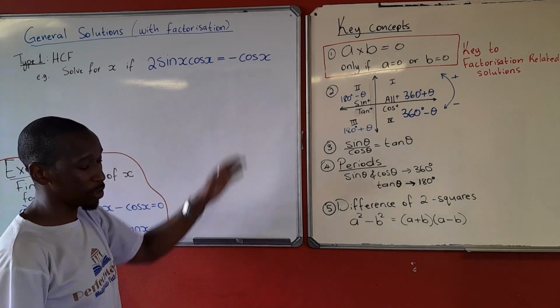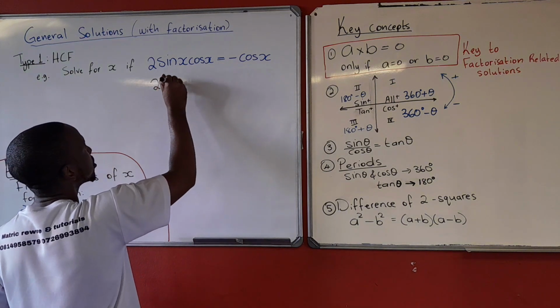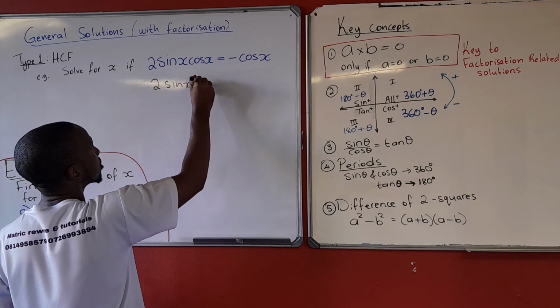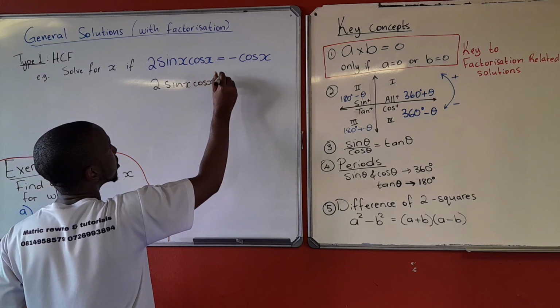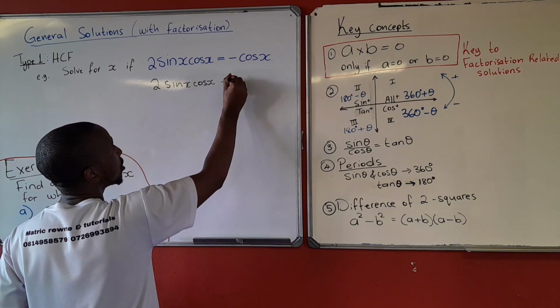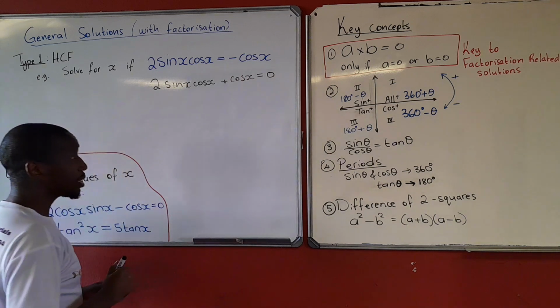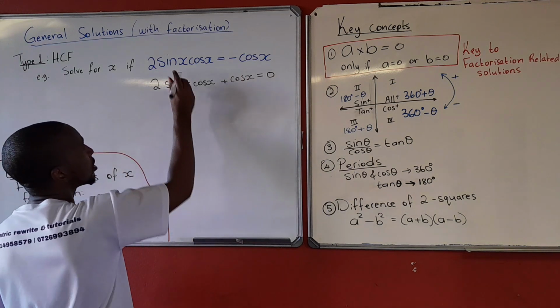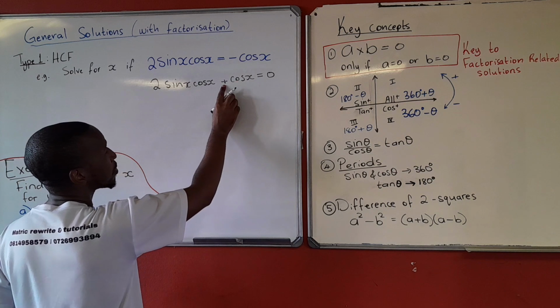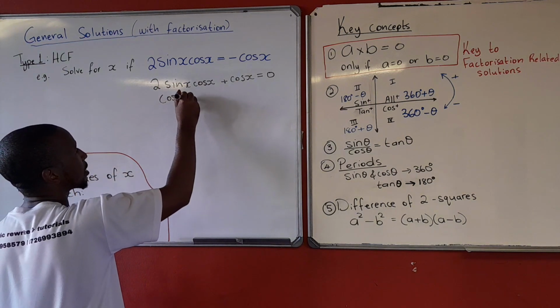So what do we need to do? We need to take this to the other side, so we have 2 sine x cos x, and this one moving from the other side comes to this side and becomes positive cos x, therefore leaving us with a 0. Then from there, we have a cos x here, a cos x there, separated by a plus, therefore we can take out cos x as a common factor.